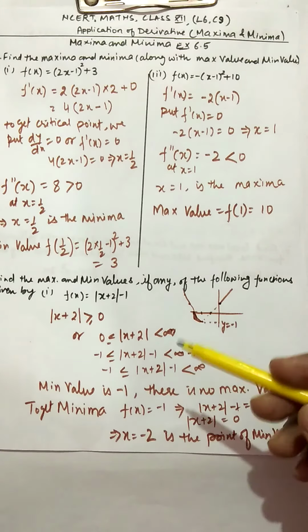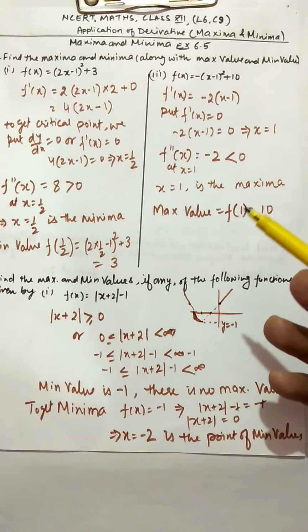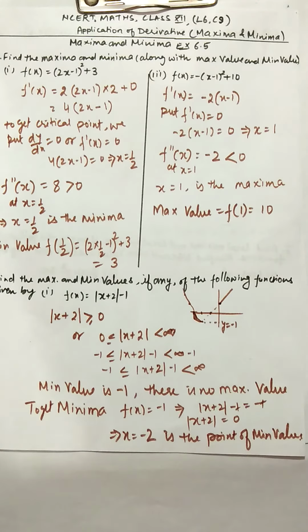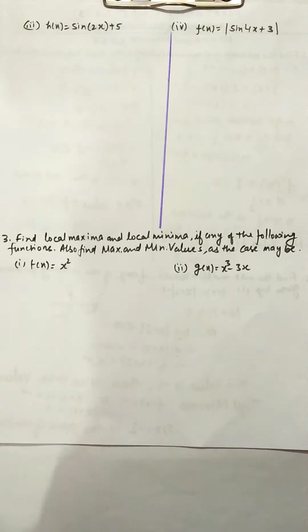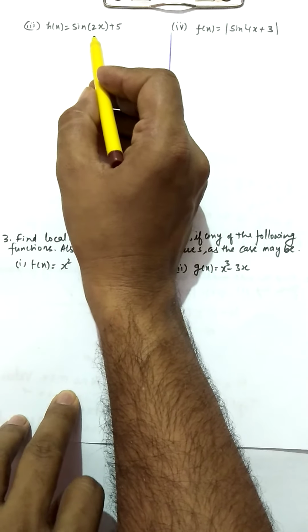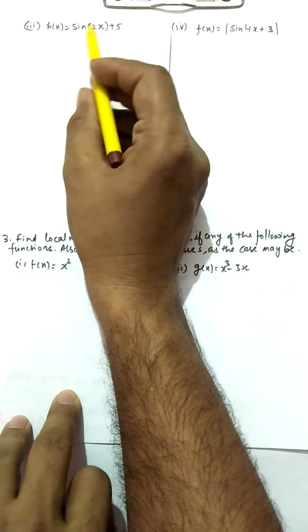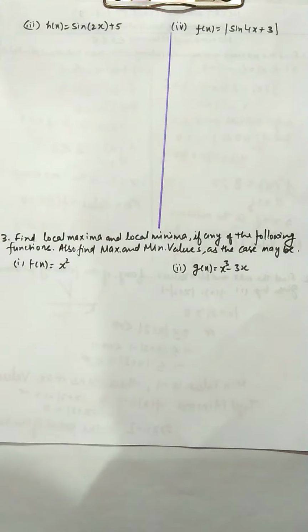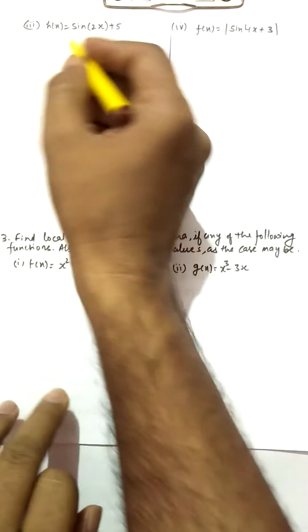So this way we can find the minimum value as well as the point of minimum value also. And in this method you cannot apply any of the second derivative test or the first derivative test. Now we'll discuss this third part also. This h(x) is sin 2x + 5. So again you can find the minimum value or maximum value using the second order derivative test, but now we are not using that.